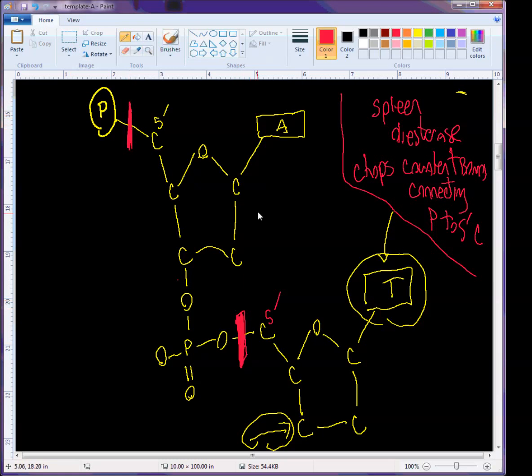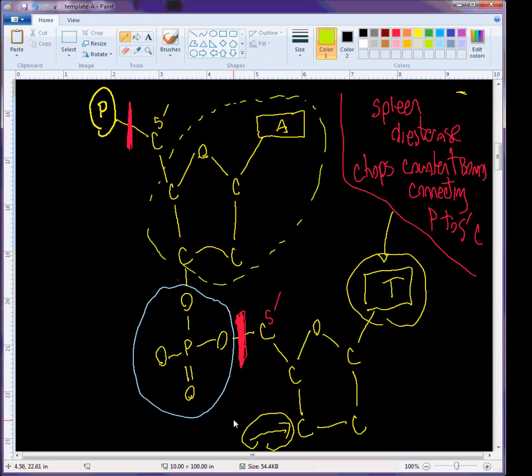So the question is asking us to which nucleoside is this phosphate now attached. Now remember, a nucleoside is a 5 carbon sugar plus a nitrogenous base. So here's one nucleoside, 5 carbon sugar plus nitrogenous base, and here's the other nucleoside, 5 carbon sugar down here plus a nitrogenous base.